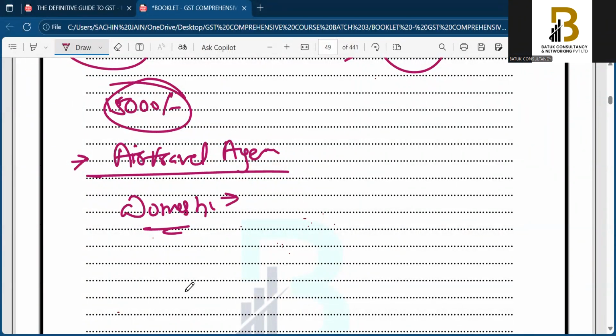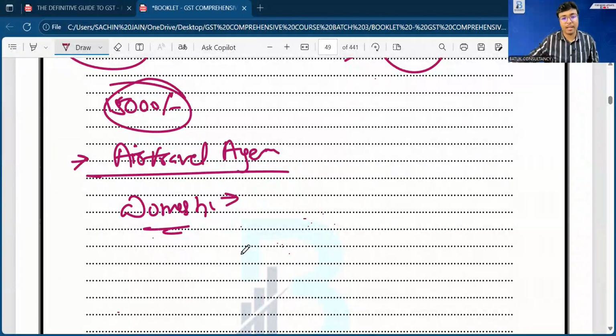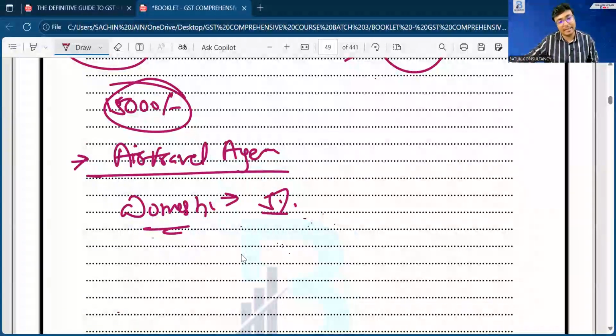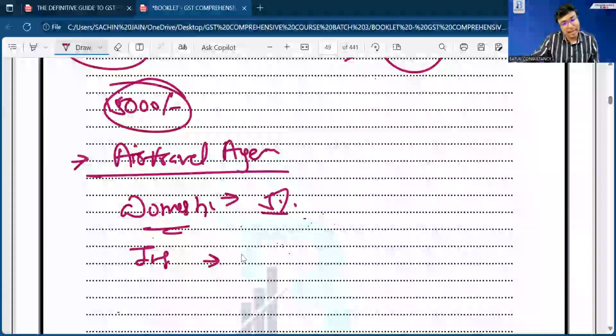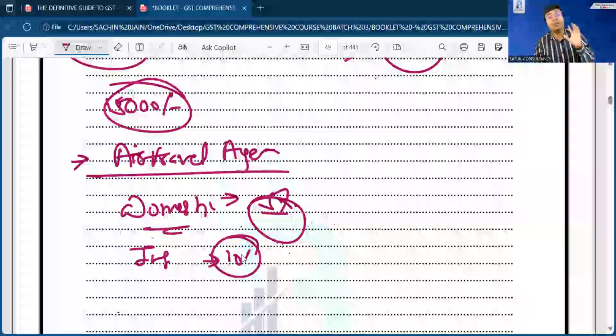And if the booking is international, in such a scenario, 10% of the basic fare will be treated as the value of supply. So 5% in case of domestic, and in case of international, say I am visiting Dubai, 10% of the basic fare will be treated as the value of supply in the hand of the air travel agent. So that travel company is going to pay the GST on that 5% or 10%.